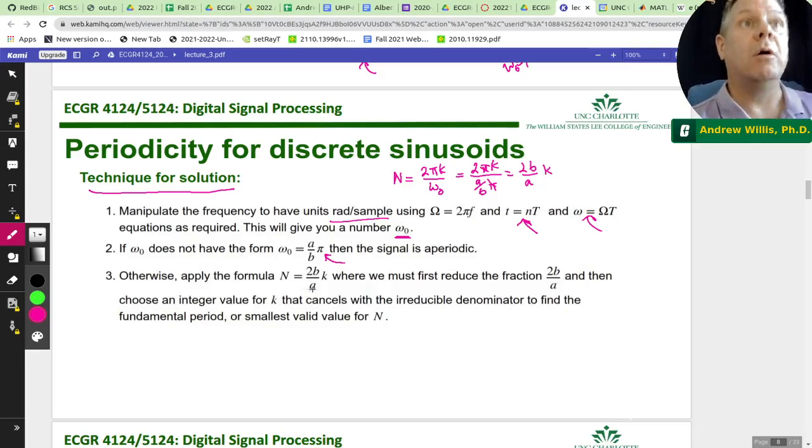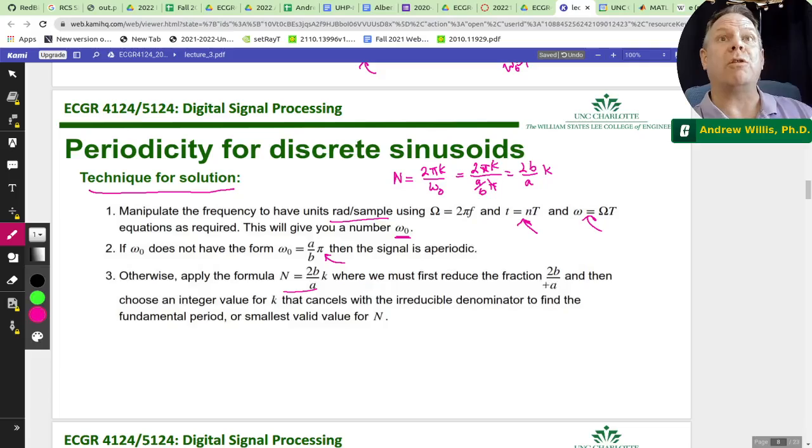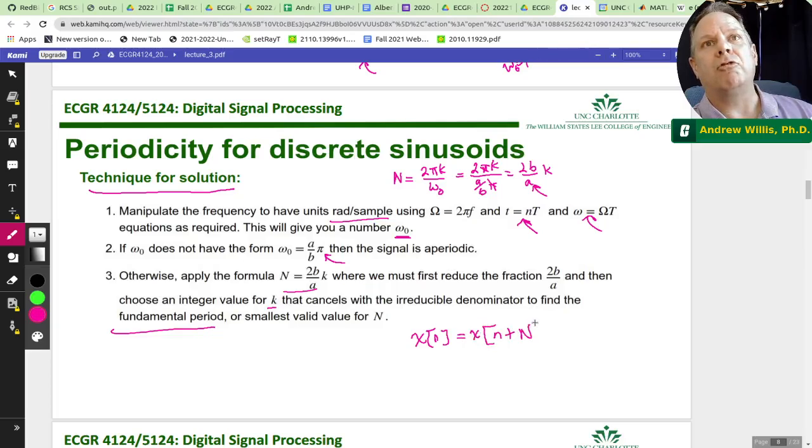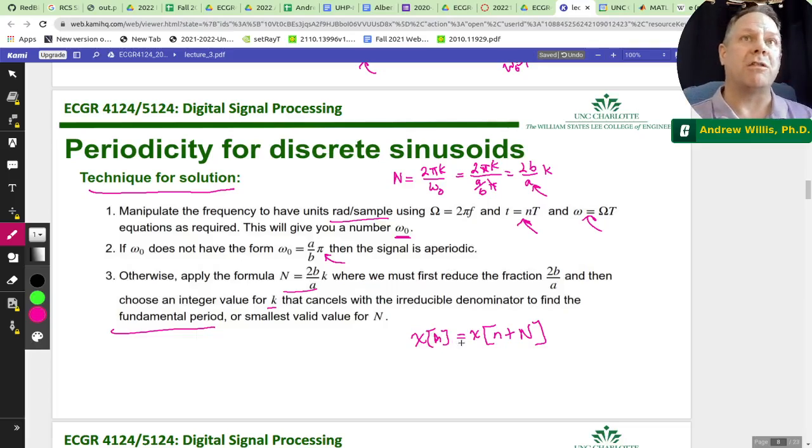We must reduce the fraction by canceling any common factors, and then choose an integer k that cancels it with the irreducible denominator to find the fundamental period, or the smallest valid value of N that makes the relationship x of n equal to x of n plus capital N true. That is how you find the period of a signal, and that process cannot fail.